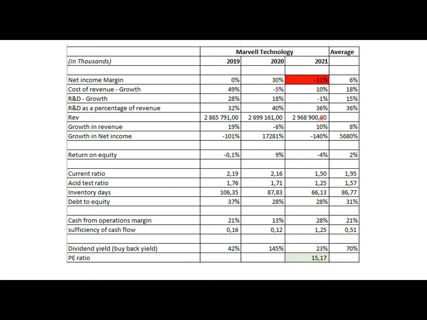Now, the poor performance of Marvell can to a degree be blamed on COVID. But certain competitors do have a bit of a rosier picture, so just keep that in mind.